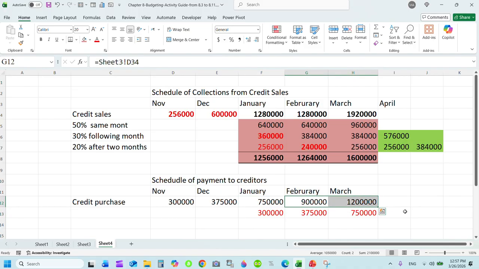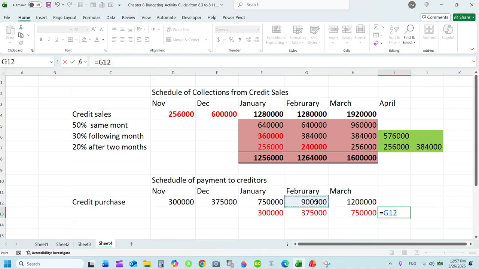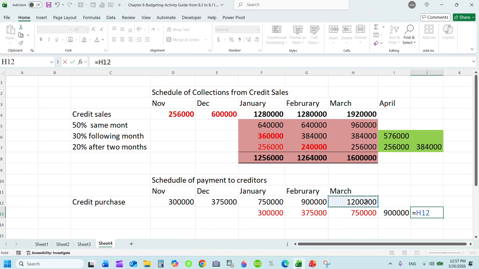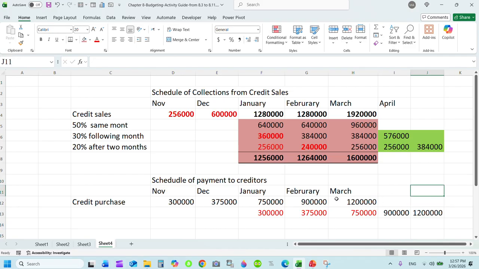These two will be paid in the coming months: this will be settled in April, this in May. So accordingly, these are our closing creditors.